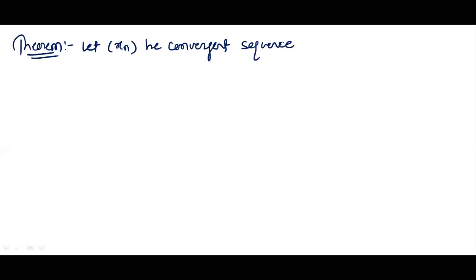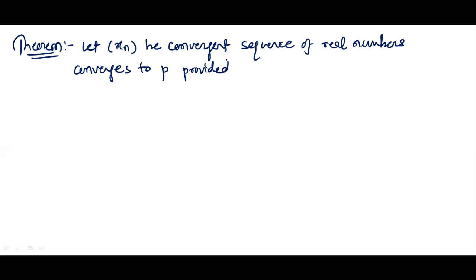Let's see another theorem. Let xn be a convergent sequence of real numbers converging to p, provided xn not equal to 0 for all n belongs to N, and p is also non-zero.